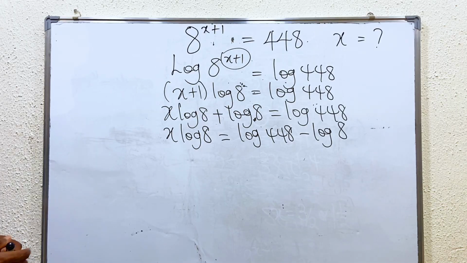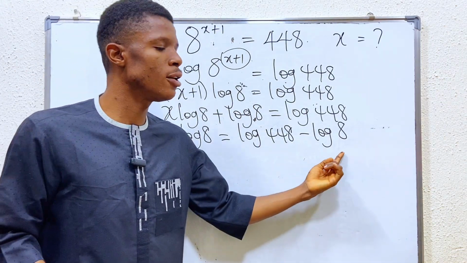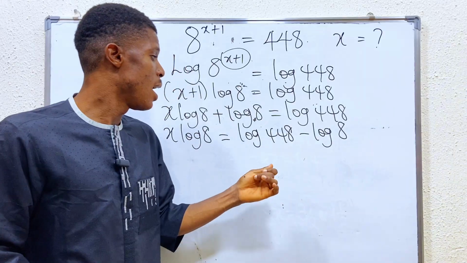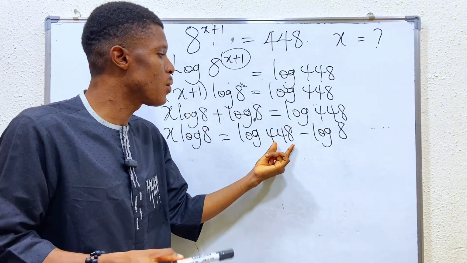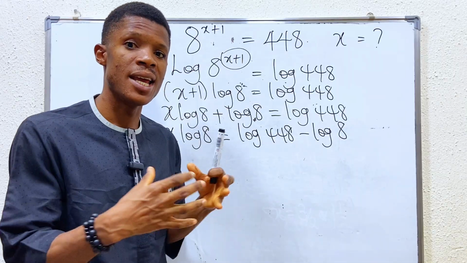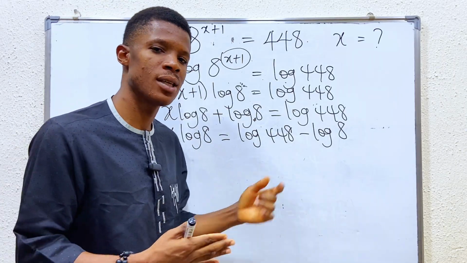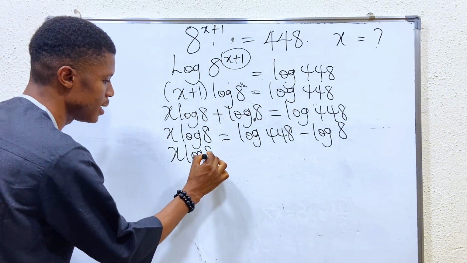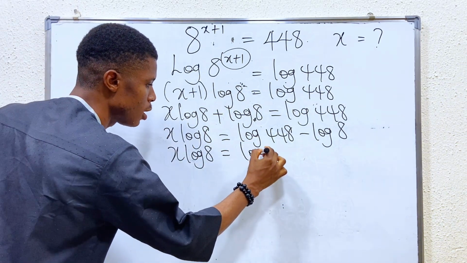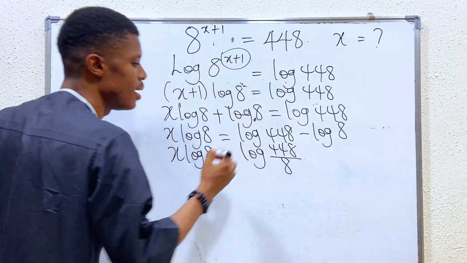So now you can see that these terms are in the same base, log and log. That's the log of base 10, and we have a number. Another rule of logarithm suggests that whenever we are subtracting logarithms in the same base, we can simply divide the numbers. So we can now have that x log 8 is equal to log of 448 divided by 8.